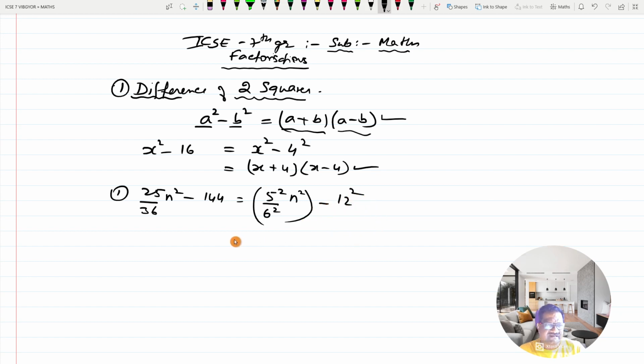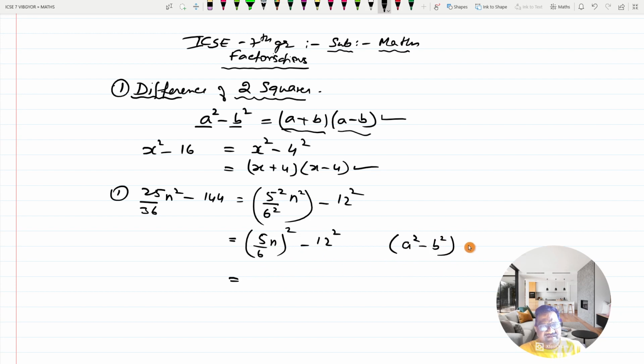Of course I can. Now, this square, that is 5 upon 6 square, I'm going to place on the top of the bracket, which I can always do if you know the laws of indices properly. So this 2 can be brought over here. Now, this is of the form something square minus something square, which we wanted. So this is of the form a square minus b square, isn't it?